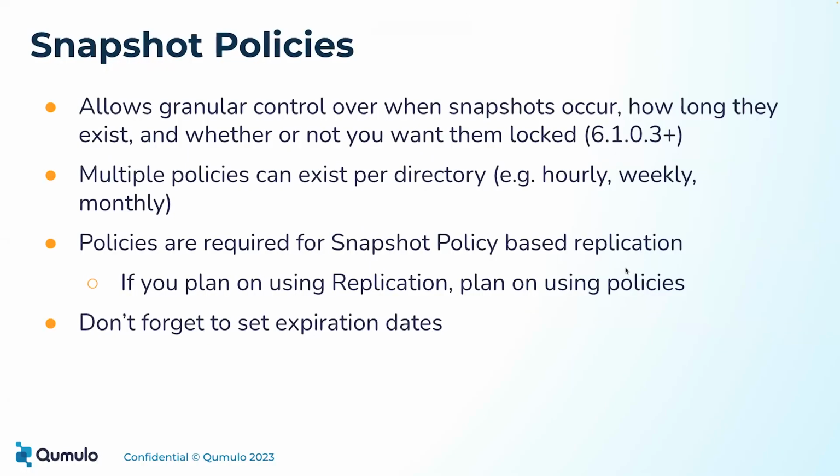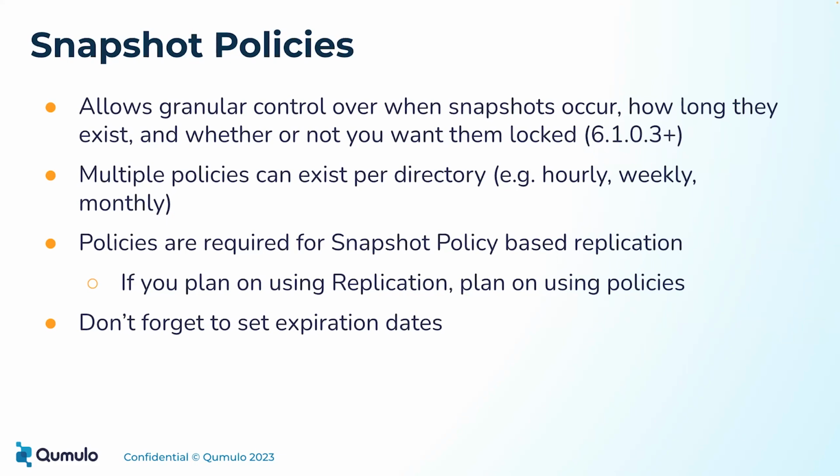All right, let's talk about how to schedule these snapshots, and we do this with snapshot policies. These allow really granular control over when your snapshots occur, how long they will stick around, and if you want them to be locked or not. As of 6.1.0, we added the ability for you to lock snapshots.